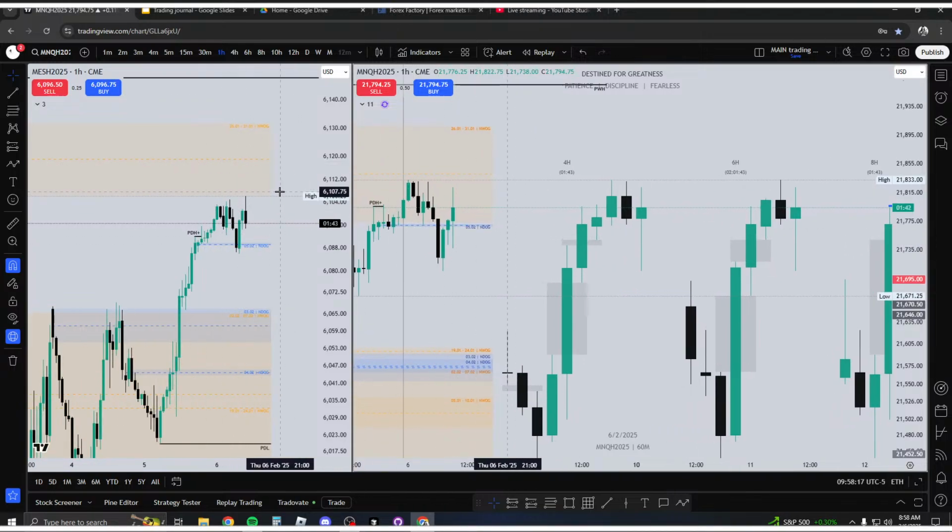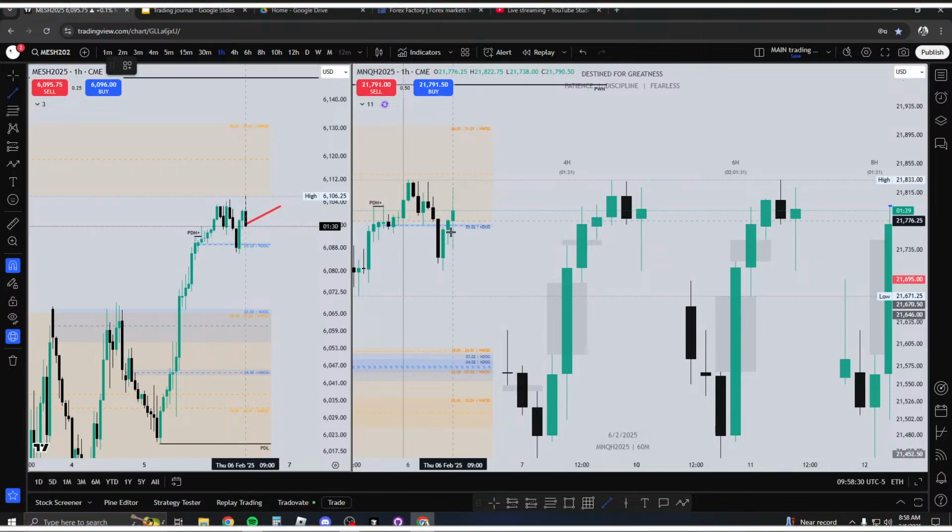ES is suggesting lower prices and Q is suggesting higher. So there's some sort of SMT here right now. Notice how this hourly candle on ES is creating a bullish candle. On NQ, its respective hourly candle is giving me, I guess you can call it a doji, but it's not giving me a clear objective, right?